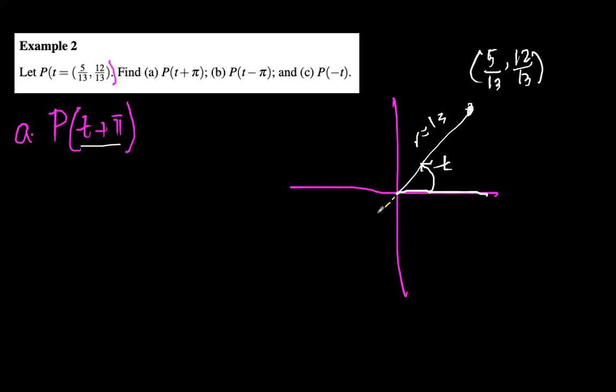And how do you describe the terminal side of T plus pi to the given angle T? Anong relationship nilang dalawa na pwede mong maibigay? Okay, very good. It's a straight line lang sila. Bakit straight line? Because pi is just 180. If we're going to put a straight line here, it's 180 degrees. That's pi. Tama dyan.